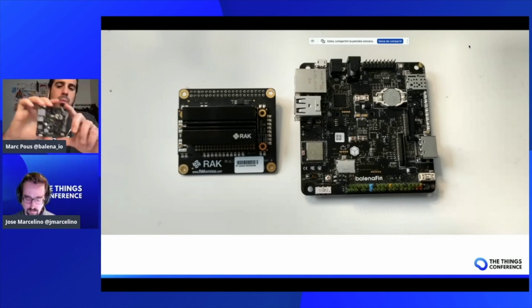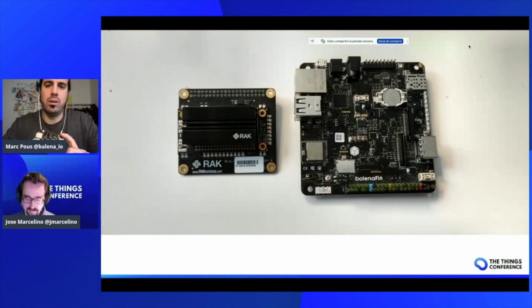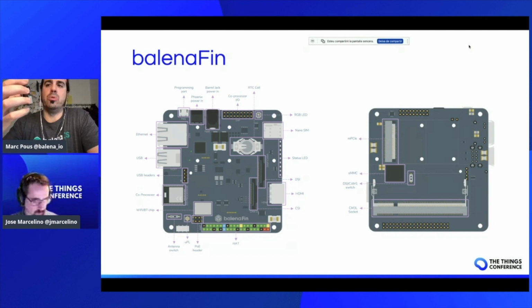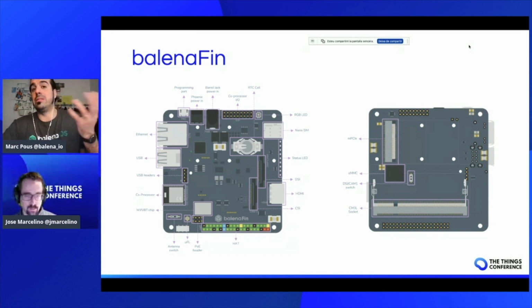So let me get into more details on the Fin. I told you that this is like a Raspberry Pi on steroids. It's for industrial environments or harsh environments. And why did we build hardware at Balena? We built hardware because we wanted to help our customers, most of whom are running Raspberry Pis, to scale in an easy way in this kind of environment.